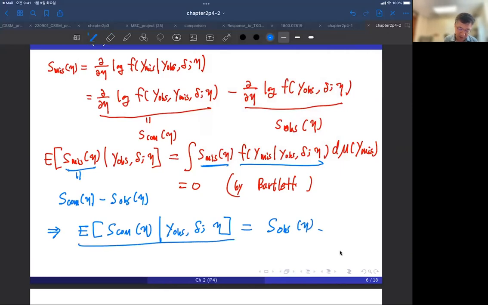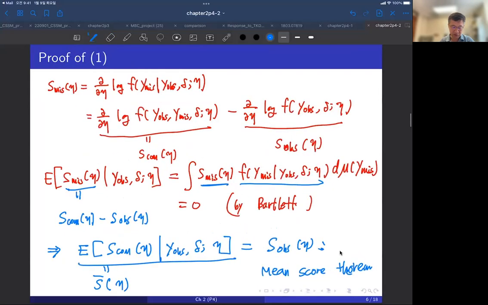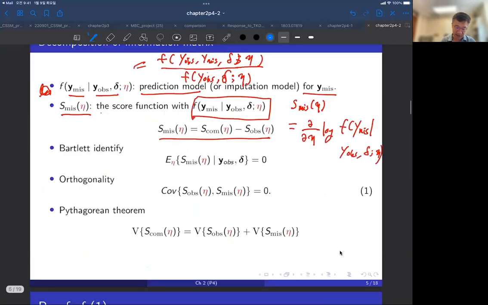This is what we sometimes call the mean score function. This is actually Fisher's mean score theorem, right? So we are just reviewing the mean score theorem. That is this one.